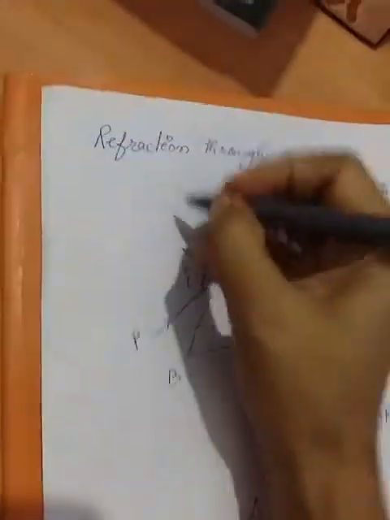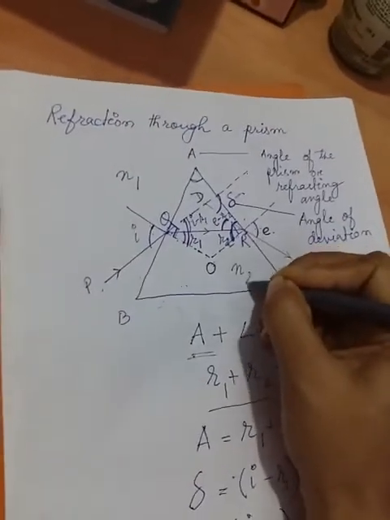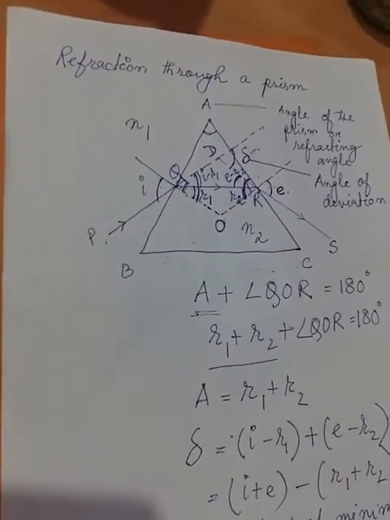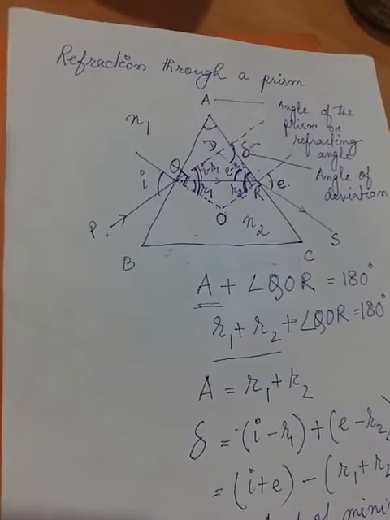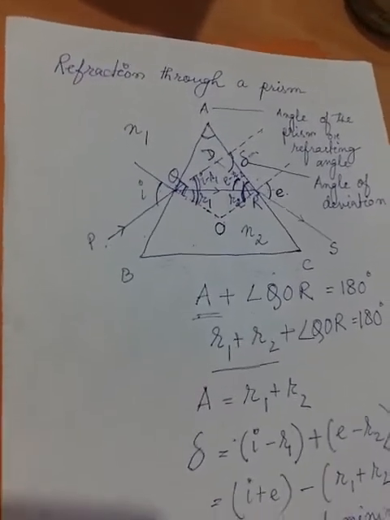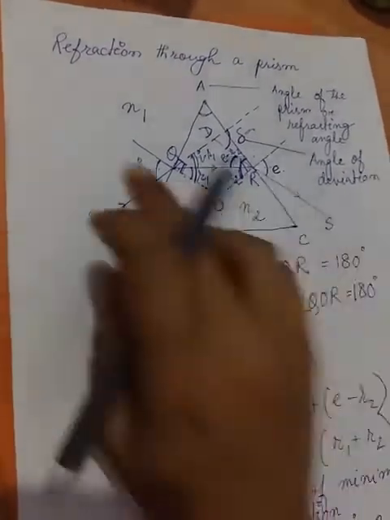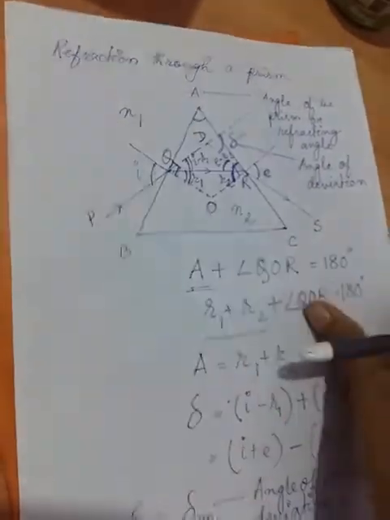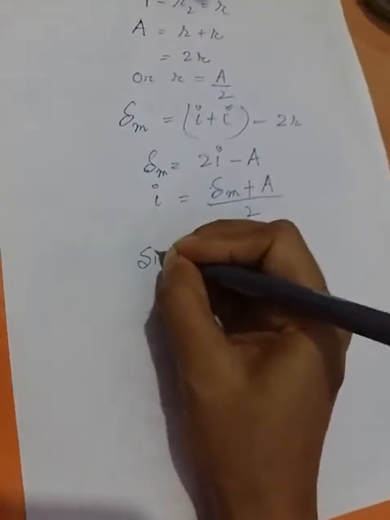Now, the surrounding medium has a refractive index N1 and the prism material has a refractive index N2. Then sin I by sin R1 equals N2 by N1, from Snell's law of refraction.